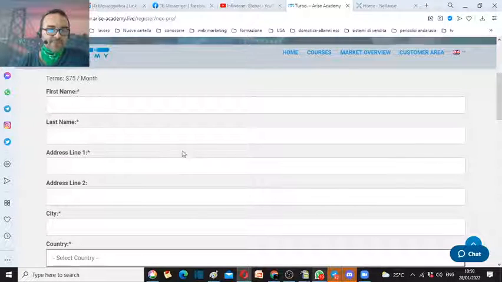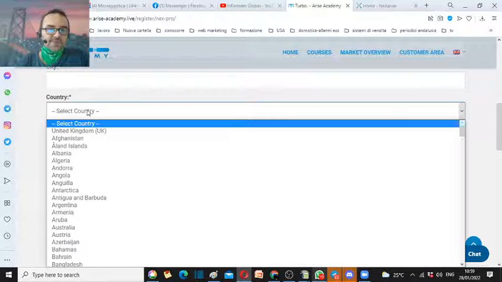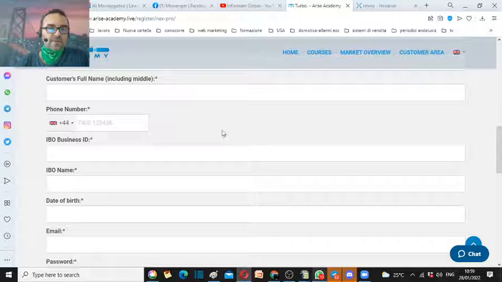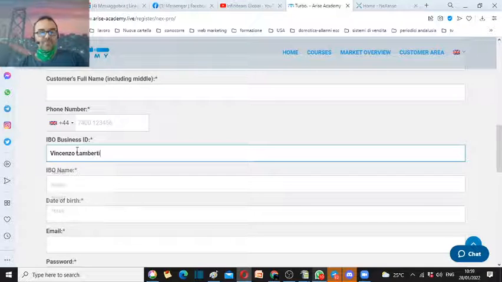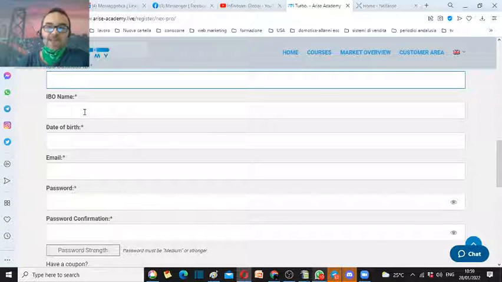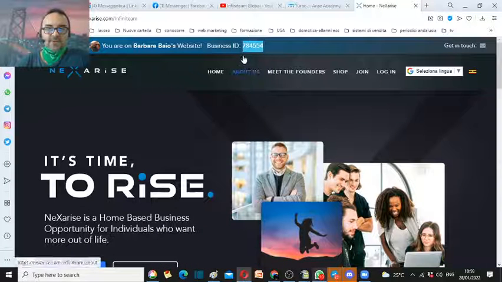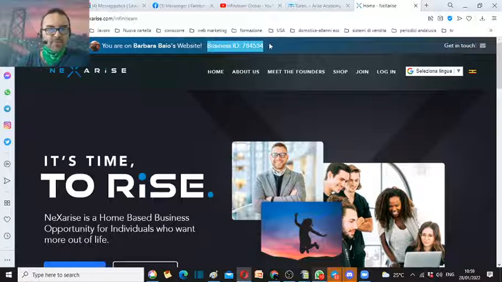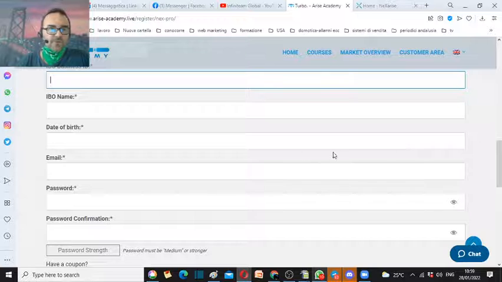Okay, complete this page. Select the country. Very important, you have to put here your cellular number. Here you have to copy your business identification number, the IBO number, your identification number on the top of your page.